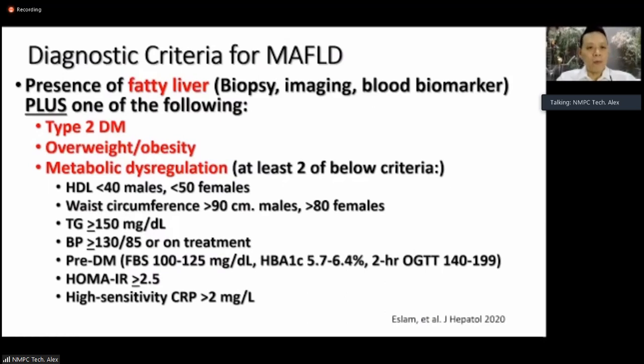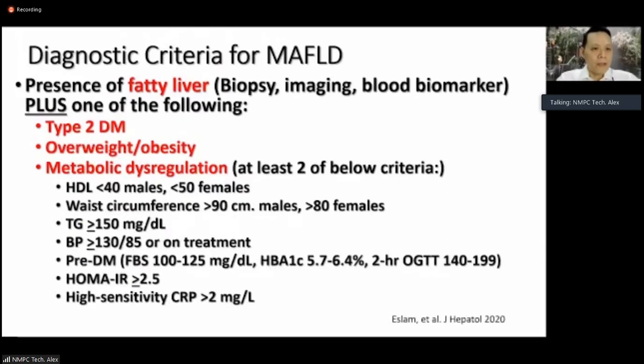So what they came up with is this diagnostic criteria of MAFLD, or metabolic associated fatty liver disease. Again, you need fatty liver either on biopsy or imaging or serum biomarker. Once you have that, now it's not a diagnosis of exclusion anymore, but rather a diagnosis of inclusion.